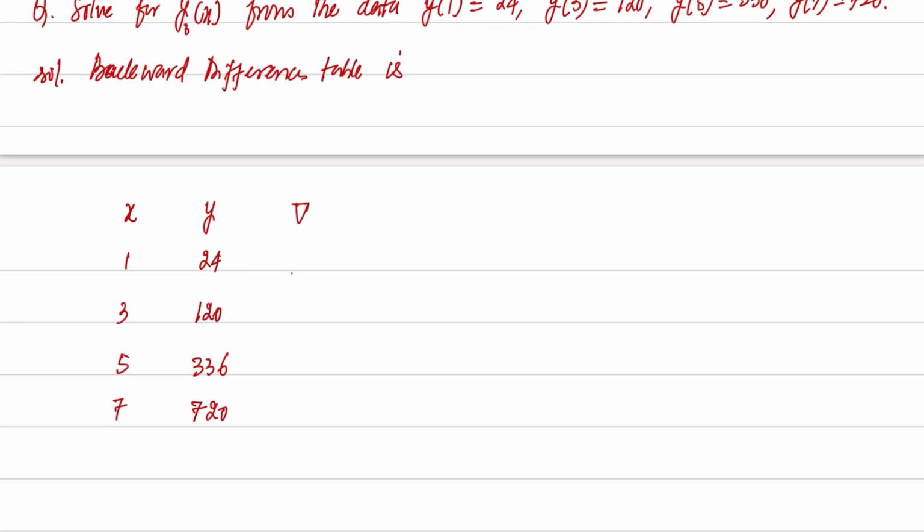Now the backward differences are 96, 216, 384. Here the second backward differences are 120 and 168, and the third backward difference is again 48.